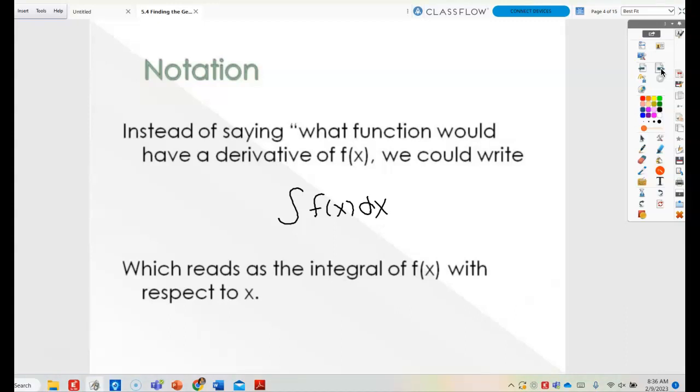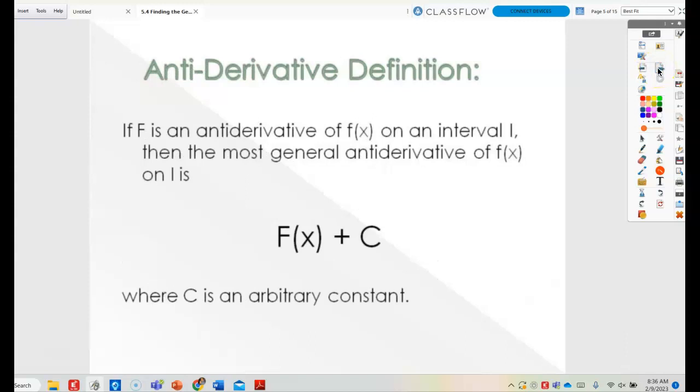The difference now is you'll notice there is no a and there is no b on my integral. My integral is what we call indefinite. It is an indefinite integral. A definite integral is an integral that has an upper and lower bound. An indefinite integral has no bound.